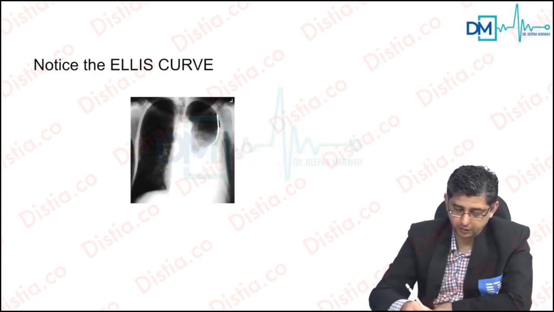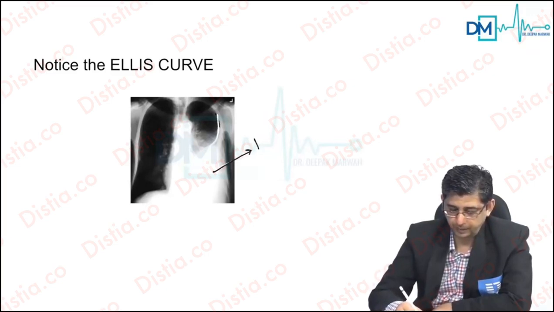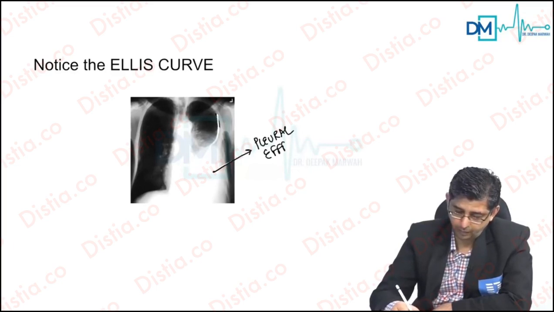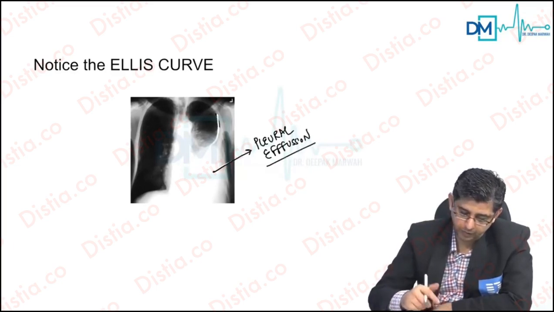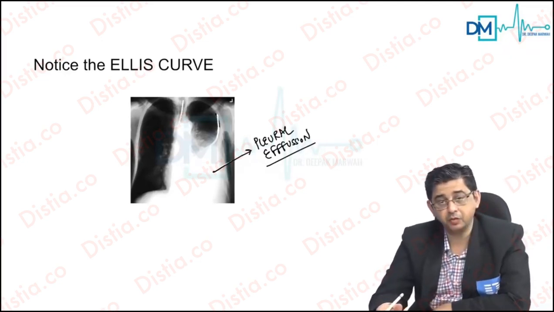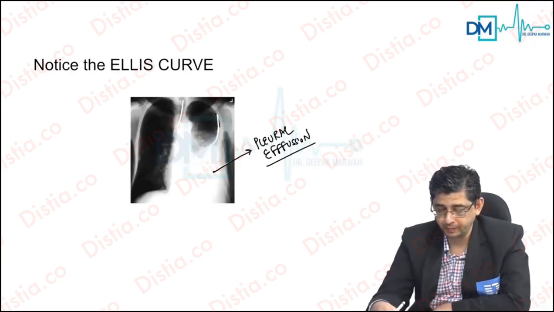This is again diagnostic of the fact that there is a pleural effusion present in the patient. You can also notice in this case slight tracheal deviation to the contralateral side. That is due to the massive pleural effusion present.